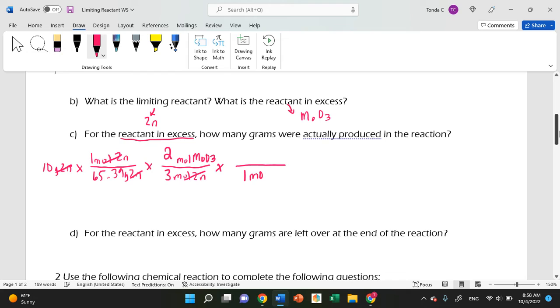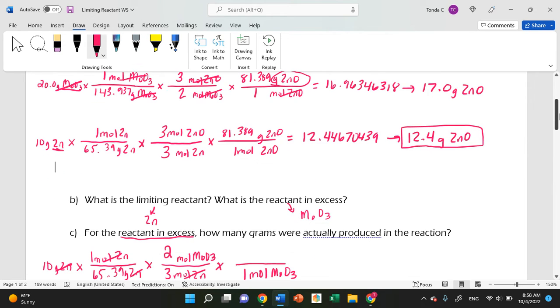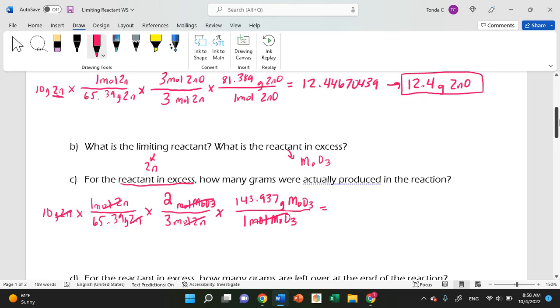For every 1 mole of MoO3, we need to find the molar mass of it, and we've done that already up above. If we look up above, we found the molar mass of MoO3. It was 143.937 grams of MoO3. This allows us to cancel out these moles and to find our mass of MoO3 that was actually used.